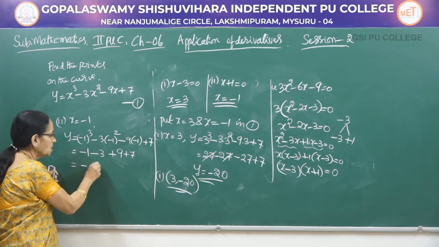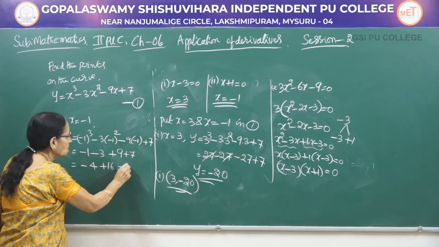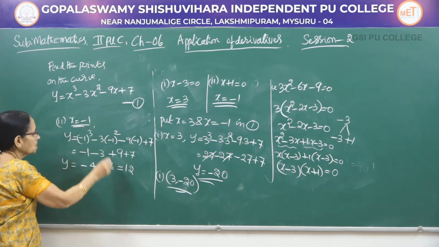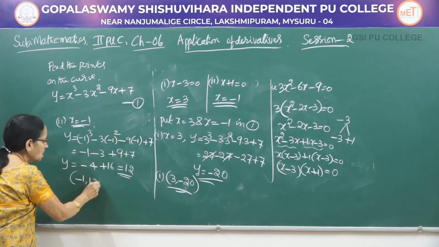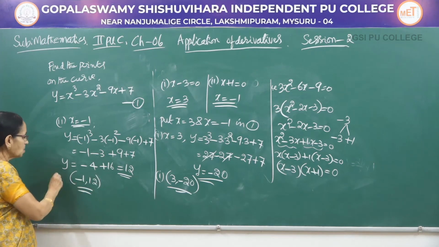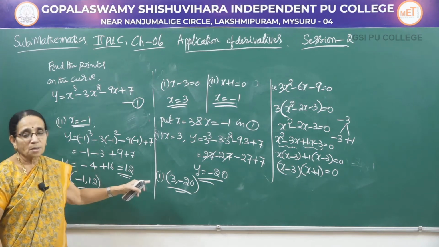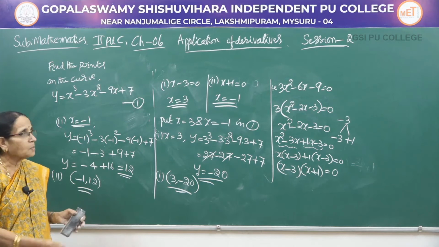So, it is minus 4, 9 plus 7 is 16. 16 minus 4 would be equal to 12. So, when x is minus 1, y is 12. Therefore, this point is minus 1 comma 12. So, the first point was 3 comma minus 20, the second point was minus 1 comma plus 12.